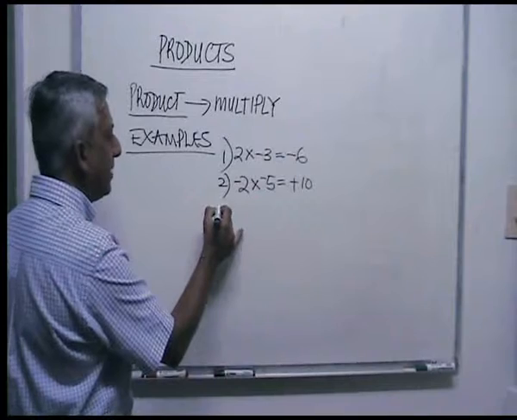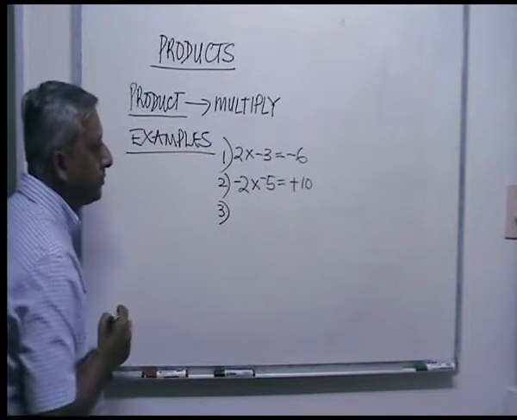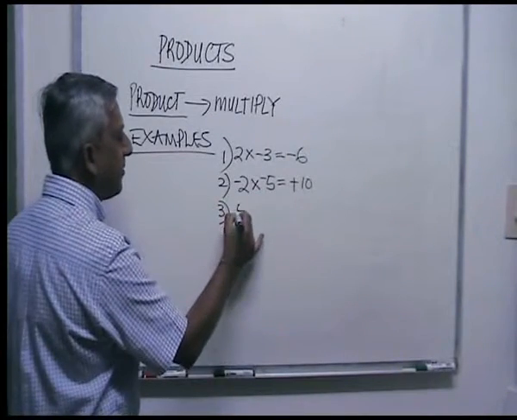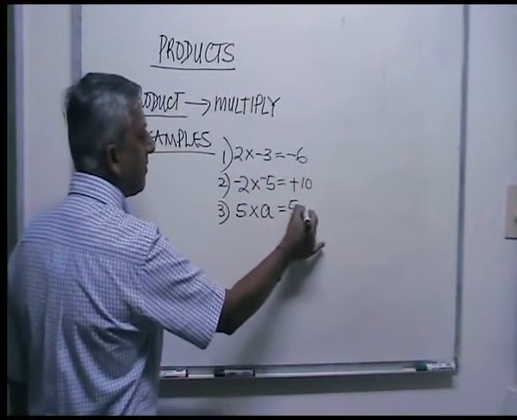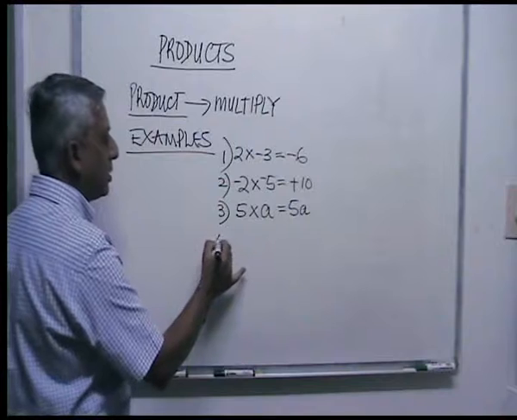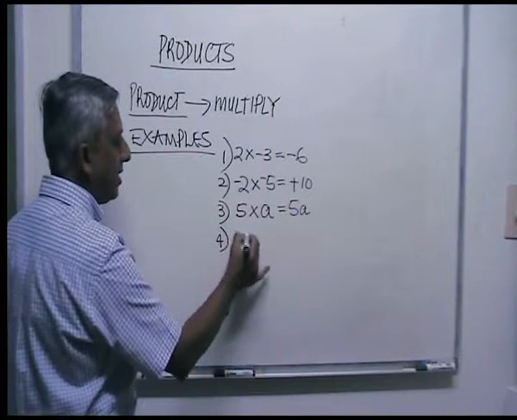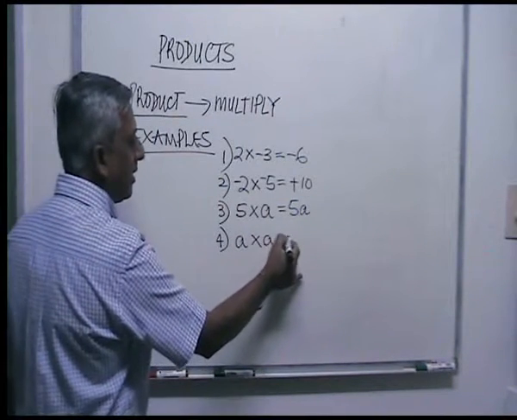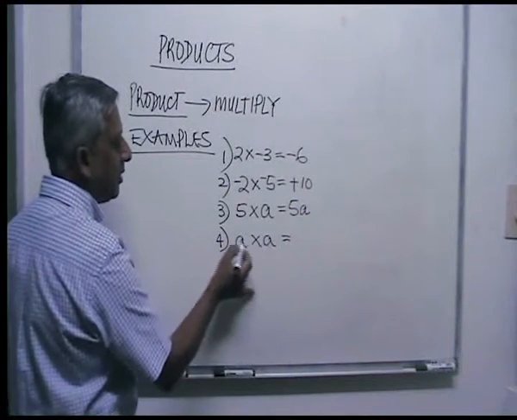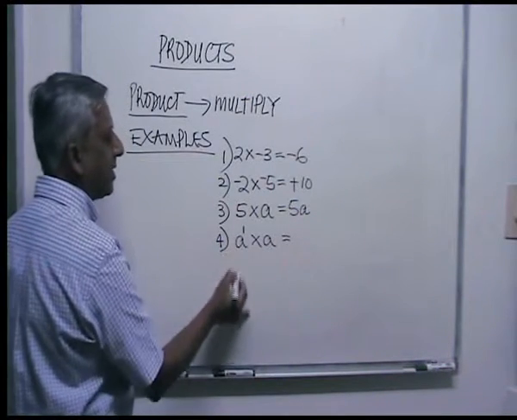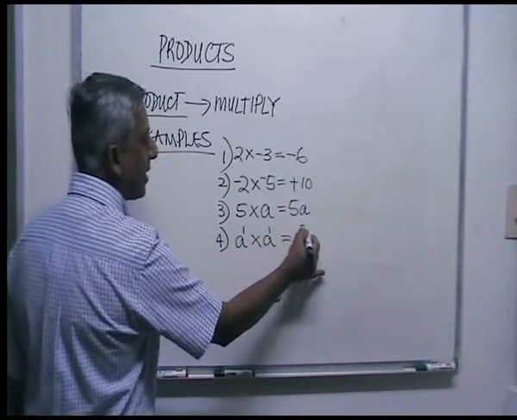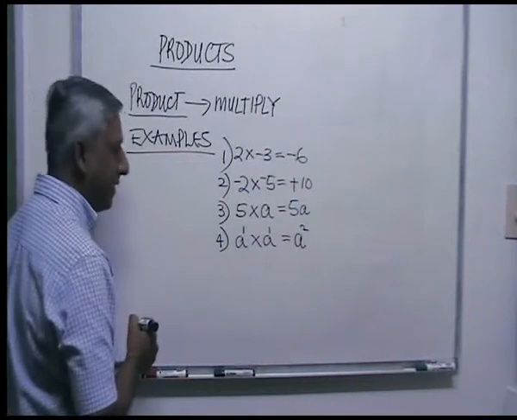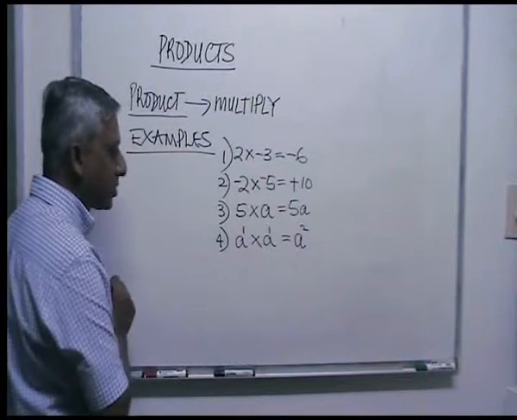Then number 3, you need to know that, say, 5 times A is 5A. You need to know that A times A. Here we are using the rule of powers, that the index here is 1, that the index here is 1, and that therefore 1 plus 1 makes A squared.